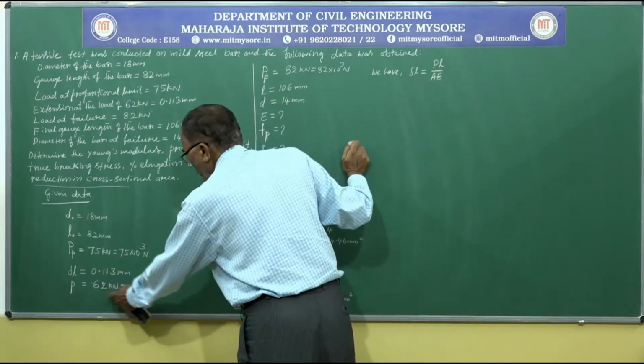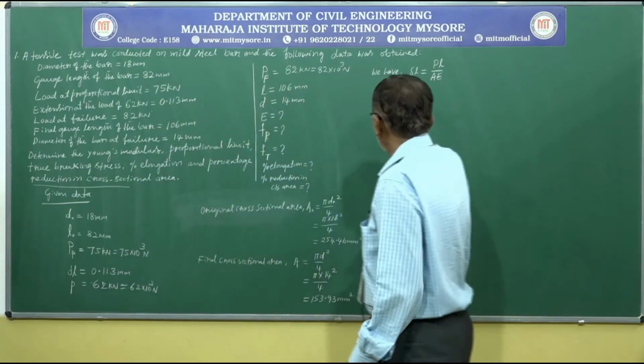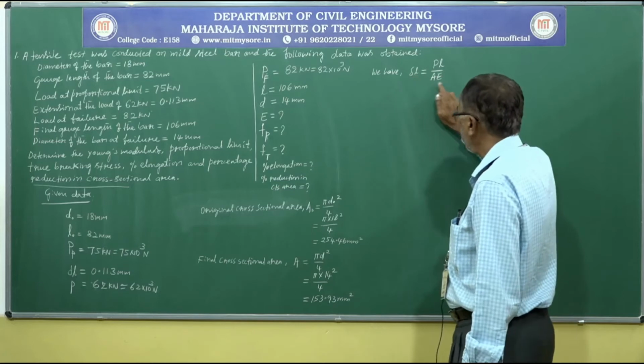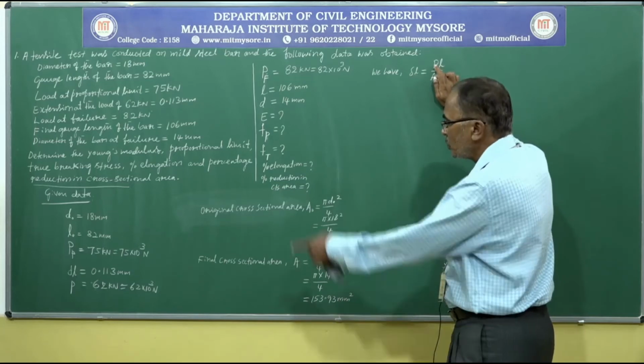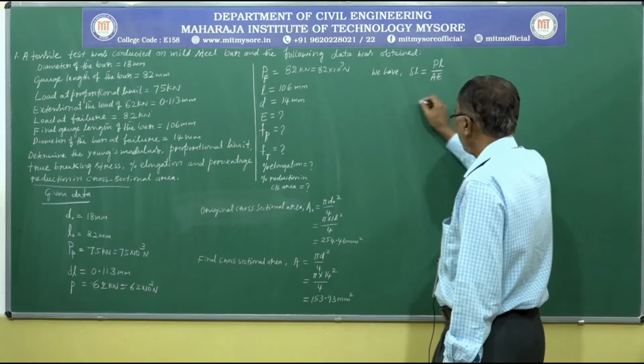Corresponding to this 62 kilonewton load, there is an extension of 0.113 millimeter. So delta L is equal to 0.113 millimeter, P is equal to 62 into 10 power 3, and A is equal to A0.